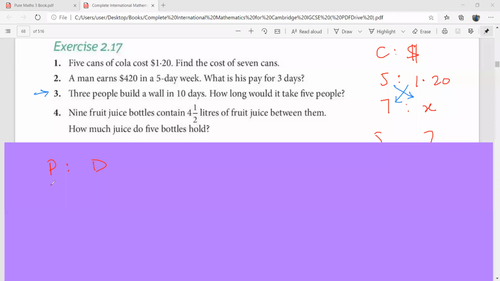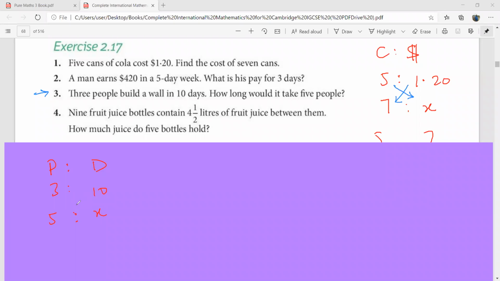It says 3 people can build the wall in 10 days, and it asks how long would it take 5 people to do this, so X goes here, unknown. Now if you increase the number of people, will they be taking more days or less days? Less. That is going to be less. So this is going to be a case of the inverse proportion.